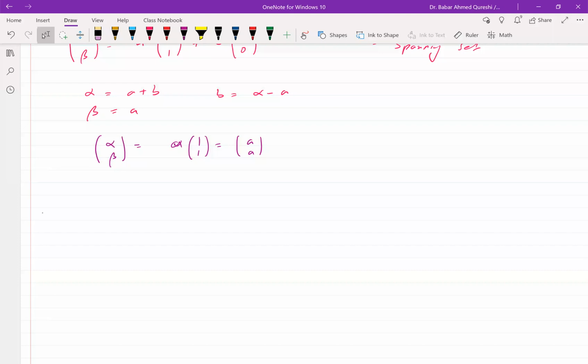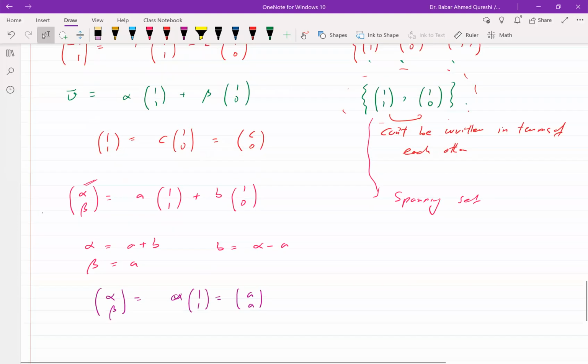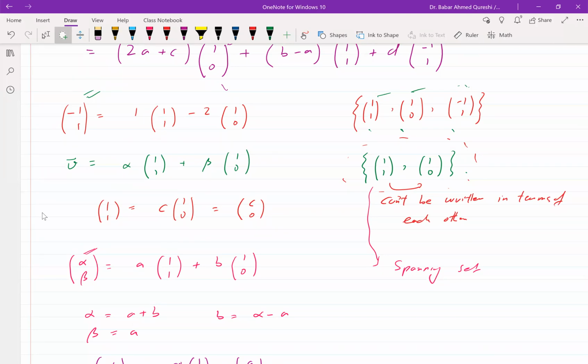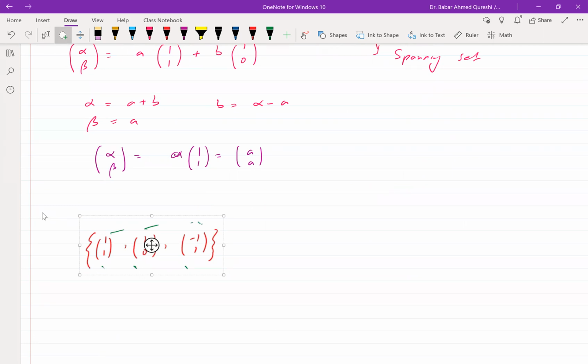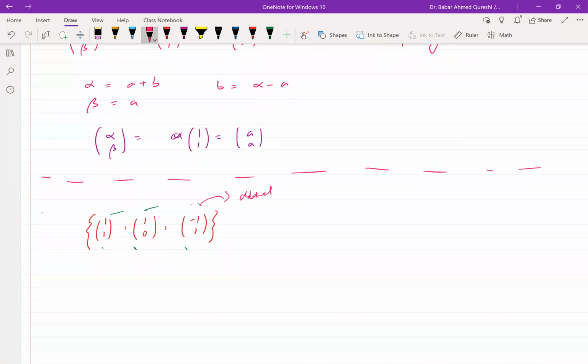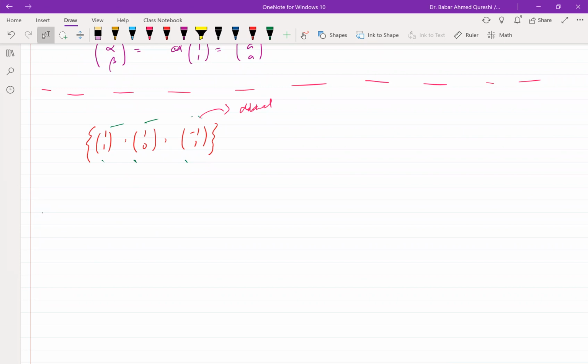But so let's start from this guy. So we had deleted this element because we saw that it can be written as a linear combination of the other 2.